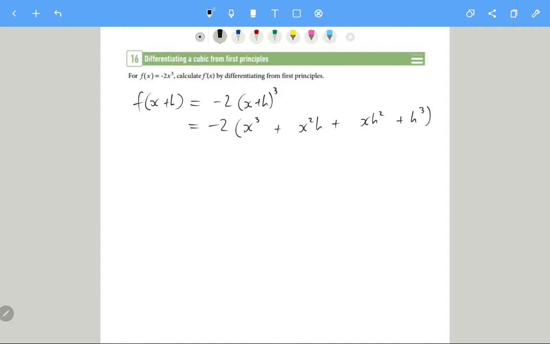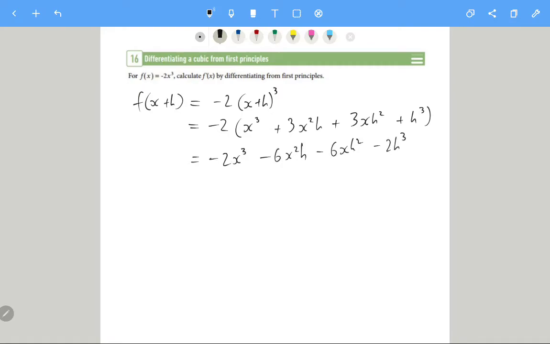And then I just grab my coefficients from the appropriate line of Pascal's triangle, which in this case is 1, 3, 3, 1. 3 here, 3 here. Alrighty, all expanded. Now I can expand the next set of brackets. Alrighty, so I've now worked out what f of x plus h is.